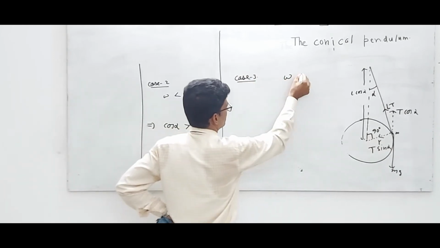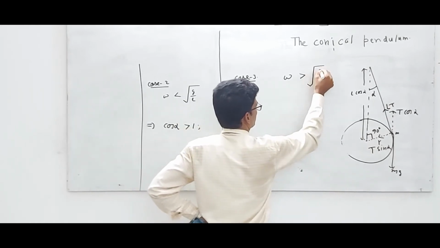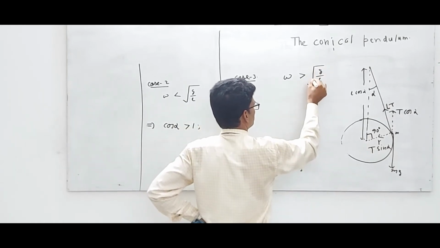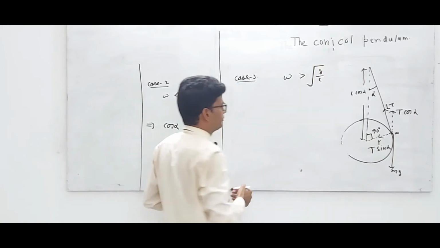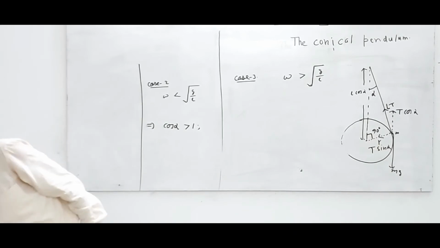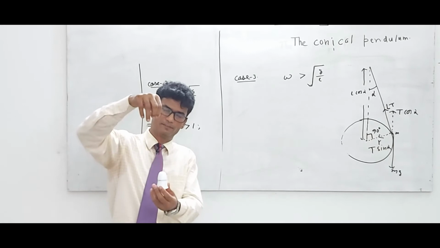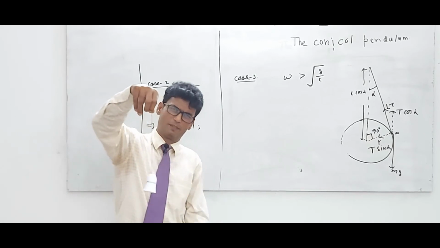The angular speed is greater than under root g over L. Greater than, then how much? Just by providing more and more angular speed, what will happen?